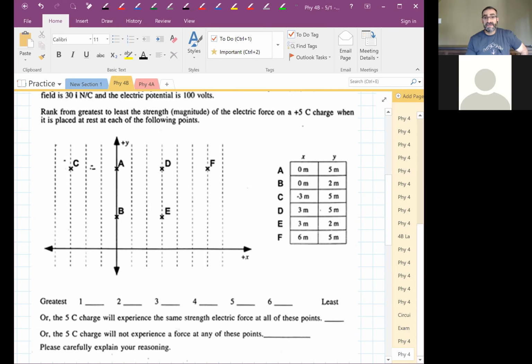Maybe you should draw the electric field first. Draw the electric field lines.